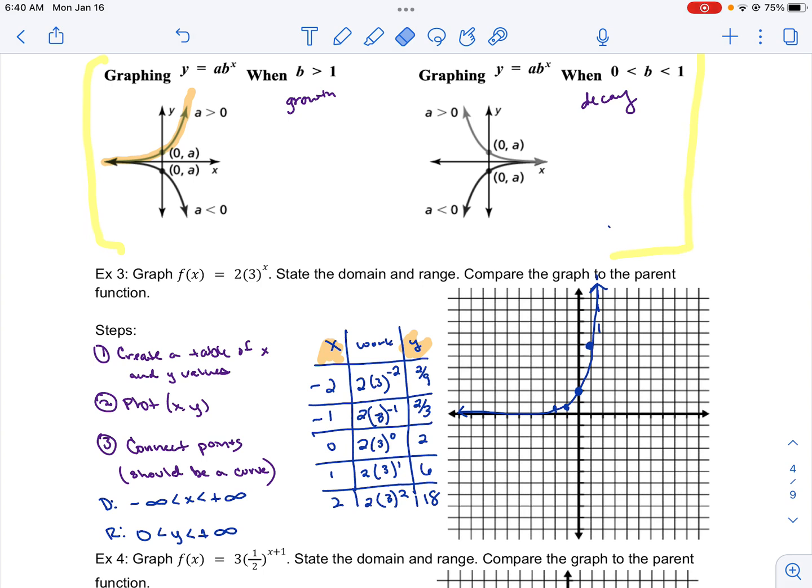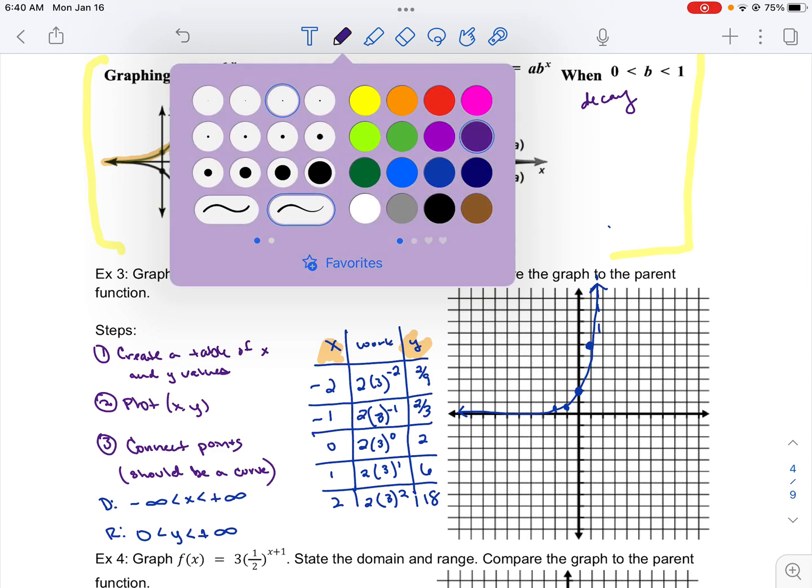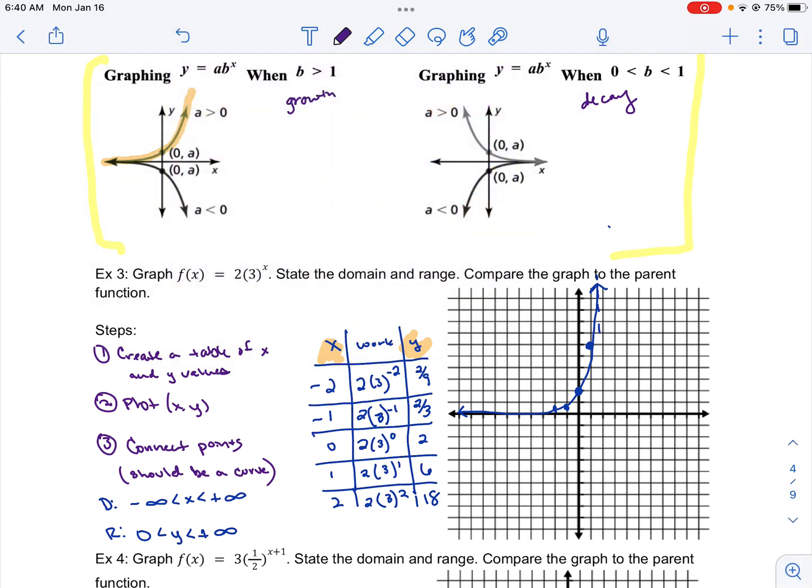Now the last part of this is compare the graph to a parent function. Okay, so we've got some things to discuss on this. What's a parent function? So a parent function is going to be f of x equals 3 to the power of x.